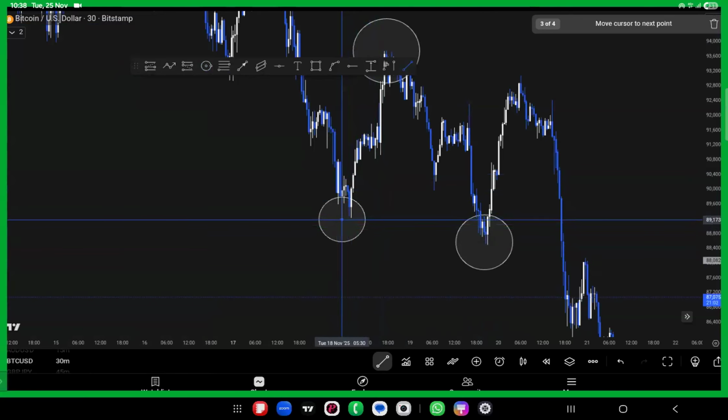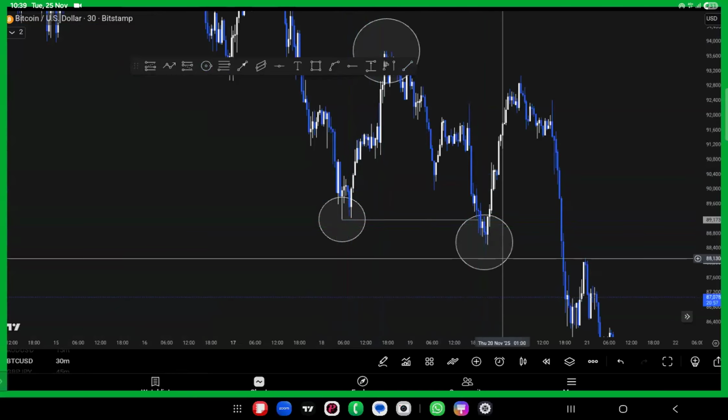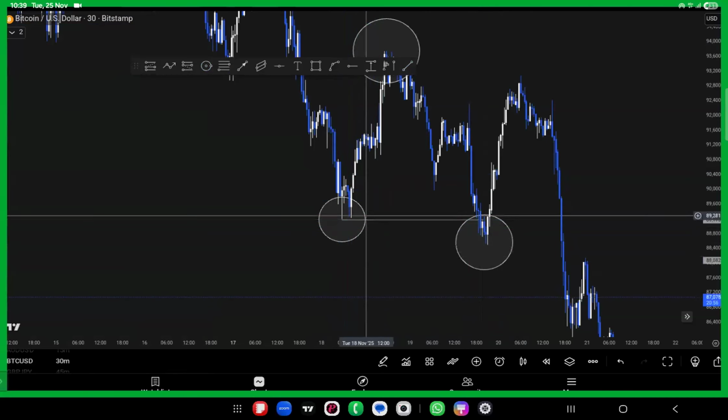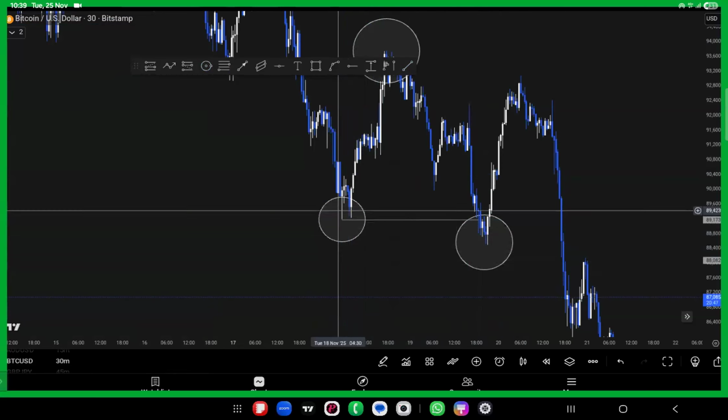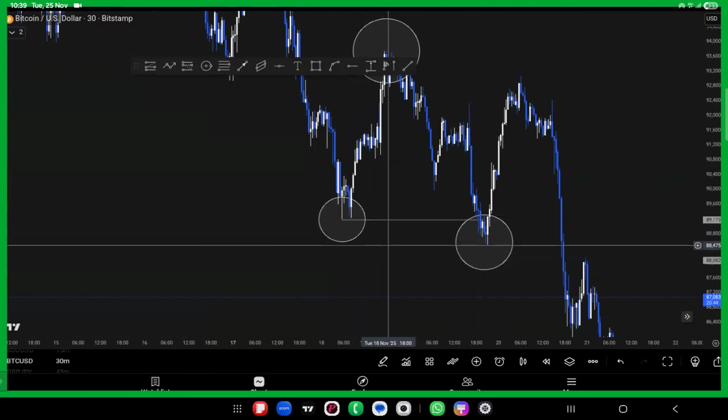Using these two lows as a case study, you can see that this second low is lower than the previous low. You can see that it broke below the previous low, so it is lower than the previous low, thereby giving us our first sub-classification of low, which is the lower low.